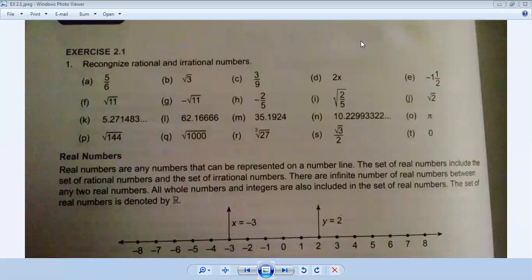Okay, here we have it. So first we'll have a look at the definition of rational number.